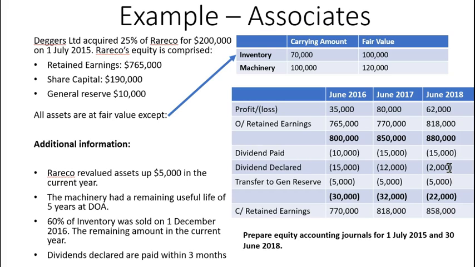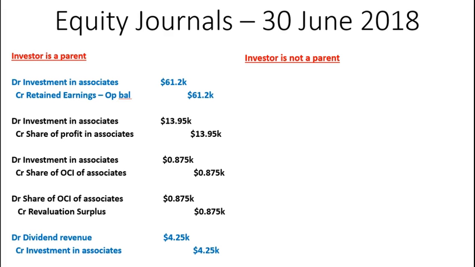So we would have recognized revenue equal to our fair share of that dividend. We know that $17,000 is the total amount. We're entitled to 25% of that dividend. So when we take 25% of the $17,000, we get $4.25 thousand.